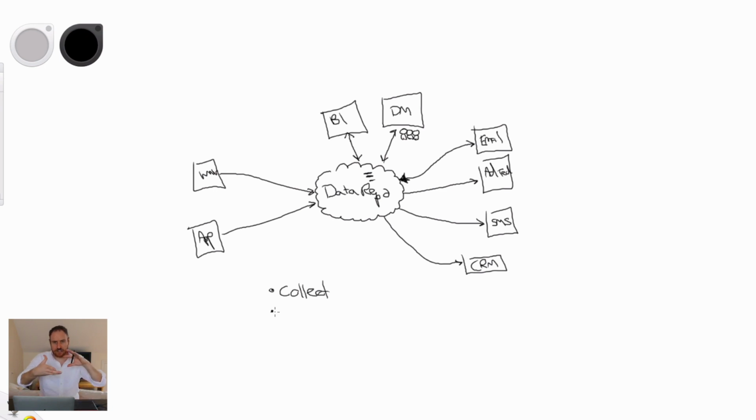We unify it. So if we see a user with an email address, I don't know, Bob here, and then we get some data in from the CRM system about Bob, or maybe we've got data coming in from our back-end server, maybe our web server is sending information about Bob that's happening offline.